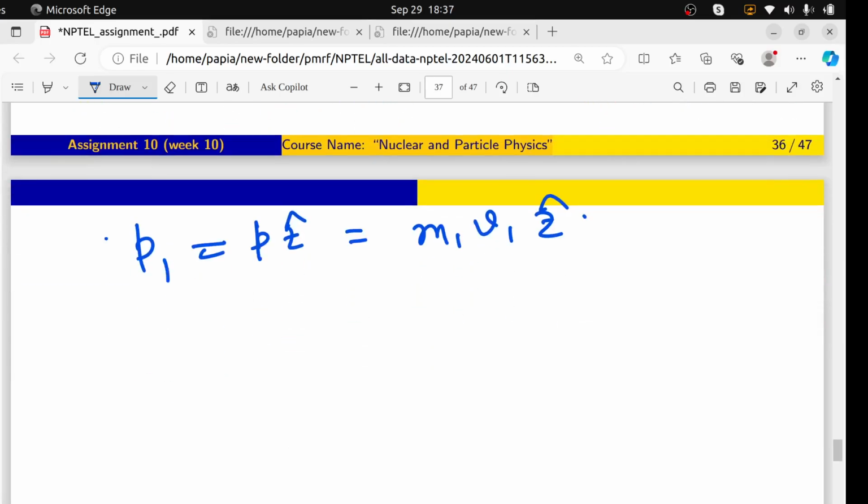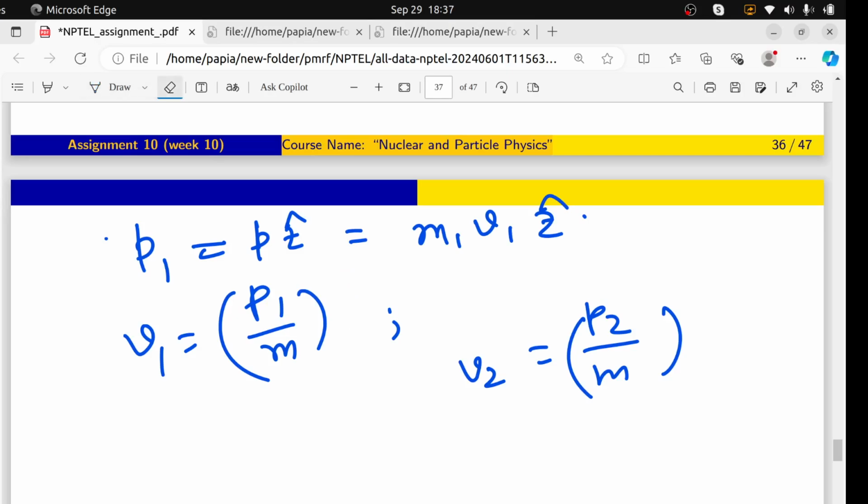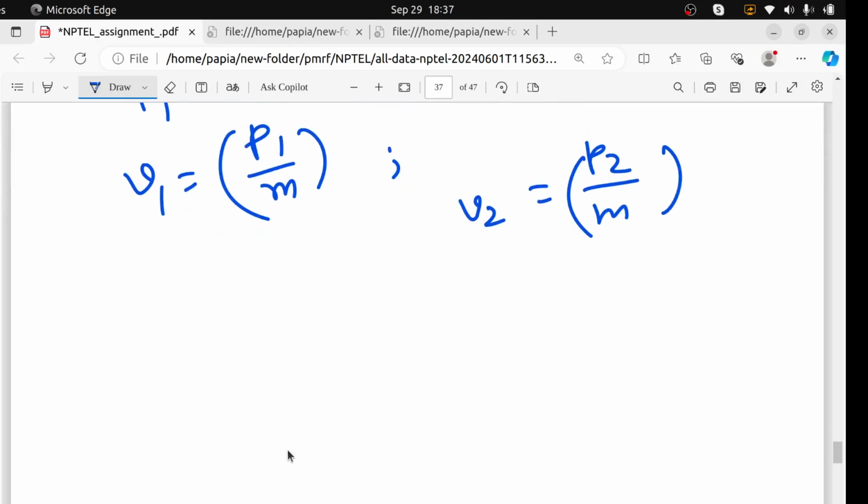So from that, V1 I can write as M1 V1 by M. Similarly, V2 is P2 by M. Actually this would not be z cap. This is simply P1 by M. If I write P1 equals P z cap, then only it will be z cap. Okay, so this is the case.